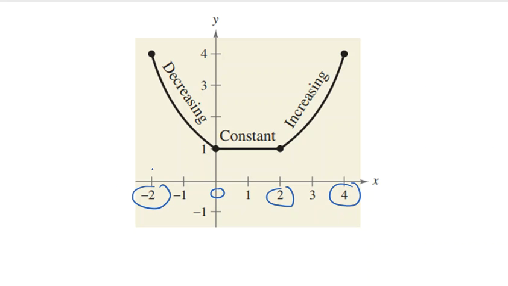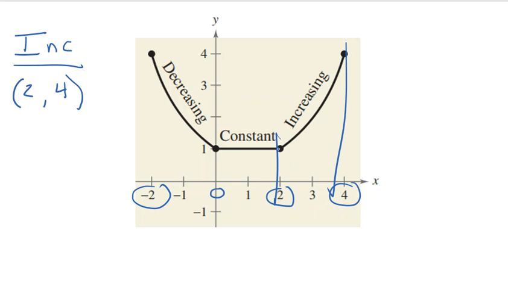So make sure that when we talk about where the graph is increasing or decreasing, we do so in interval notation. If I said, describe for me where the graph is increasing, you would say, well, it starts increasing at 2 and it increases till 4. So that's an interval from 2 to 4, and in that interval, the graph is increasing. Where's the graph decreasing?